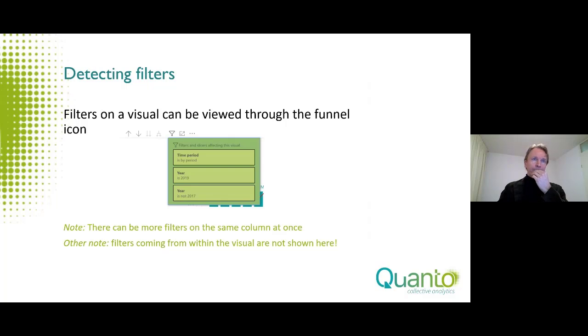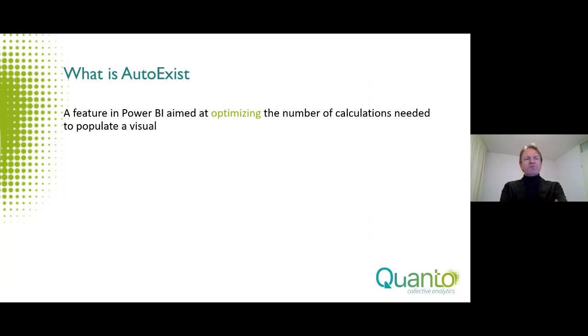Right, so that is what a filter is. Now, the AutoExist feature of Power BI is actually quite simple to explain. The reason that we have AutoExist in Power BI is that the Power BI engine tries to optimize the number of calculations needed to return results to a specific visual.